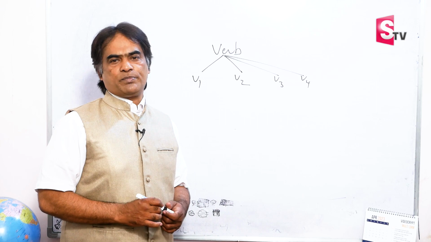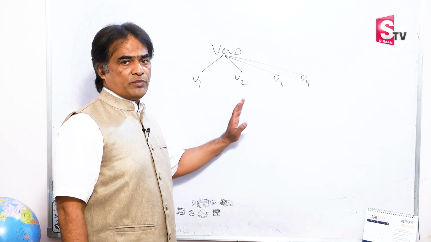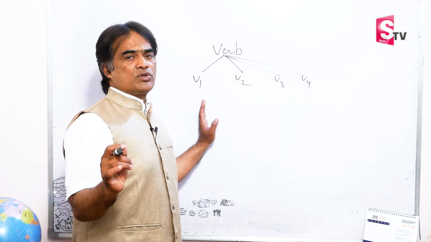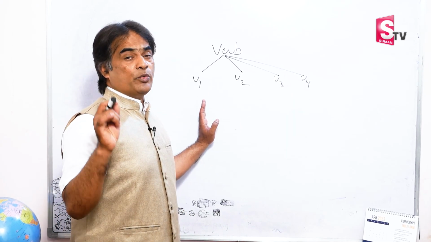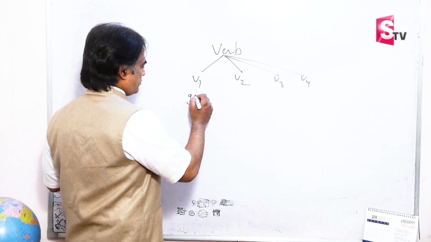Today I am going to speak to you specific to what is V1, what is V2, what is V3, what is V4, with special focus on the usage of V1. Let's take some examples.